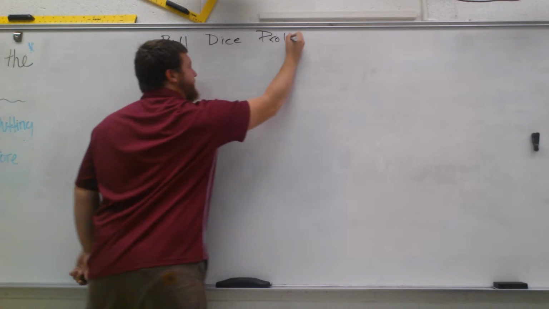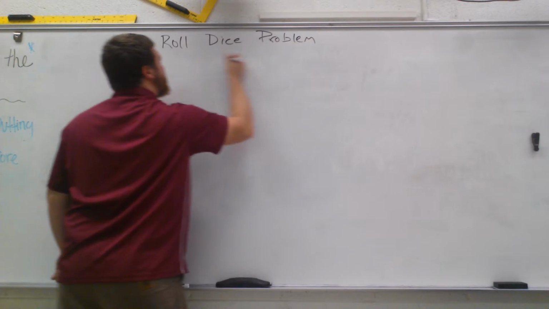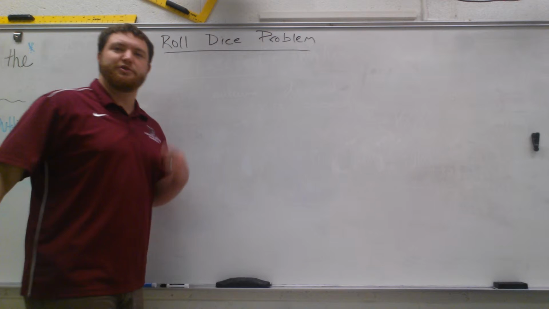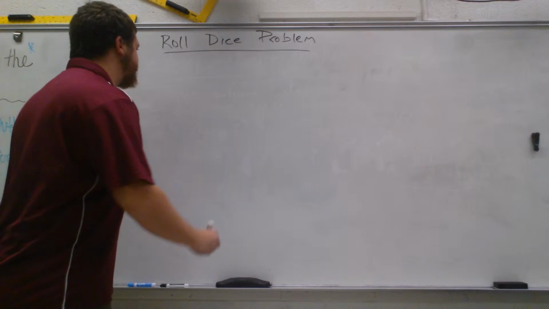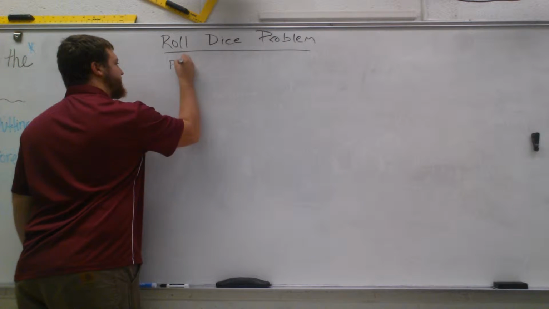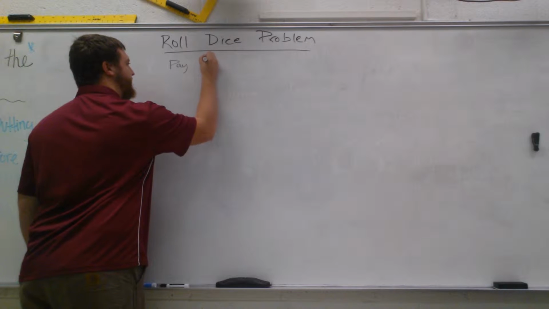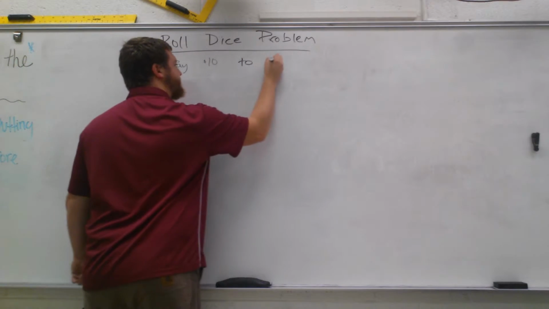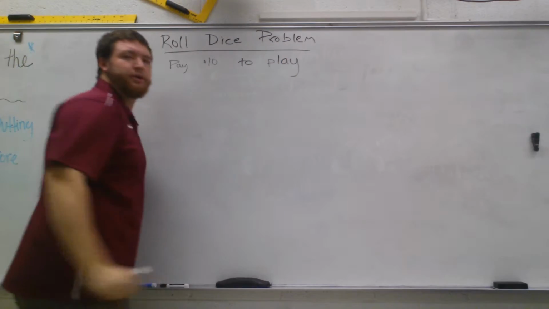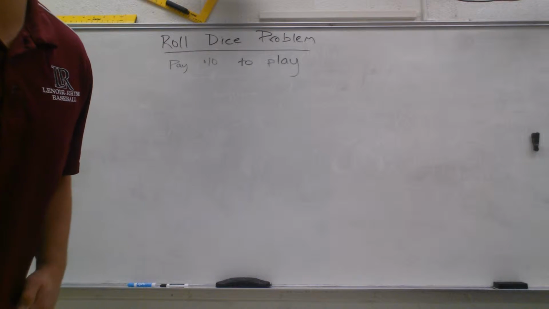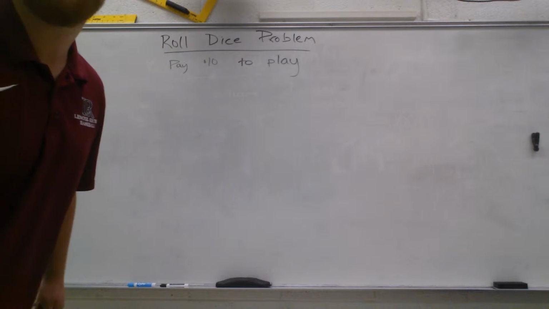Now, what I love about probability is a lot of it is common sense and just using logic to figure it out. So let's say this is the problem. You pay $10 to play.